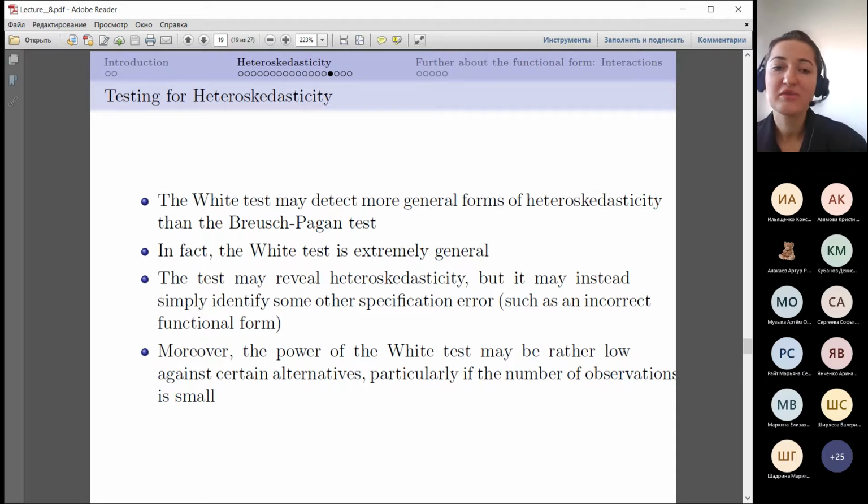Because all of the tests could be very sensitive to the form of your model, and maybe you find that you have the heteroscedasticity problem, but in reality this is just some misspecification error, okay? And also you should remember the power of the White test may be rather low if you have a small sample size, because of the number of restrictions in the general form of this test.